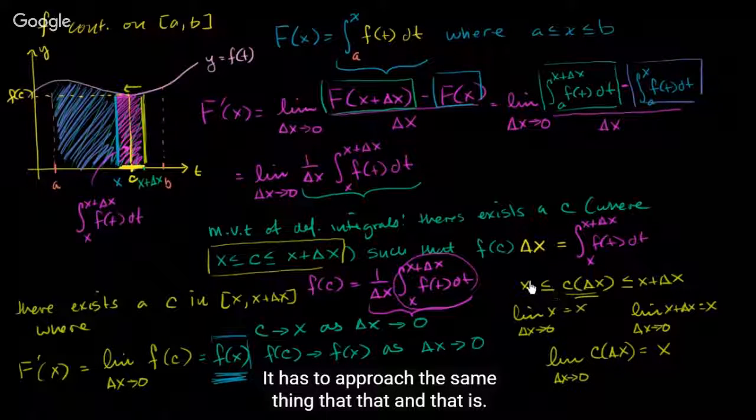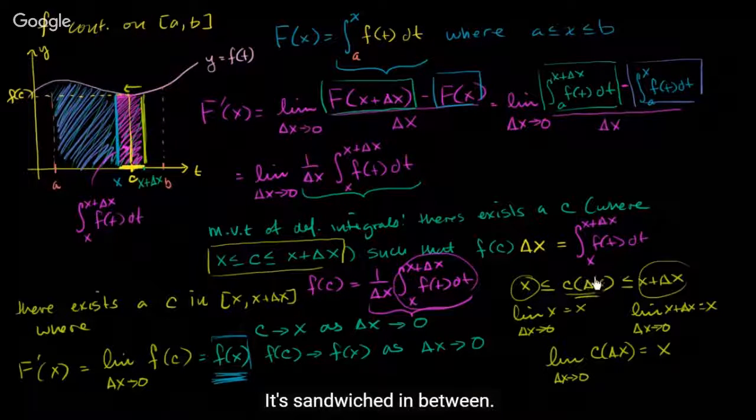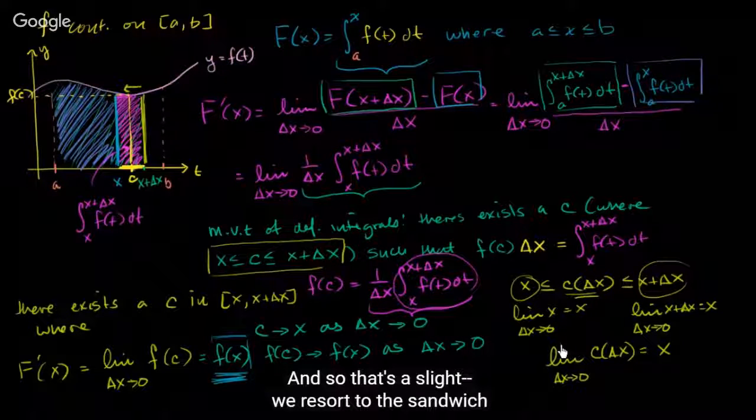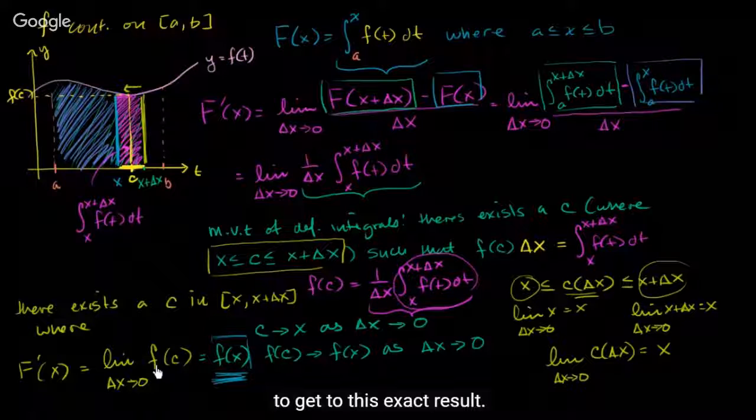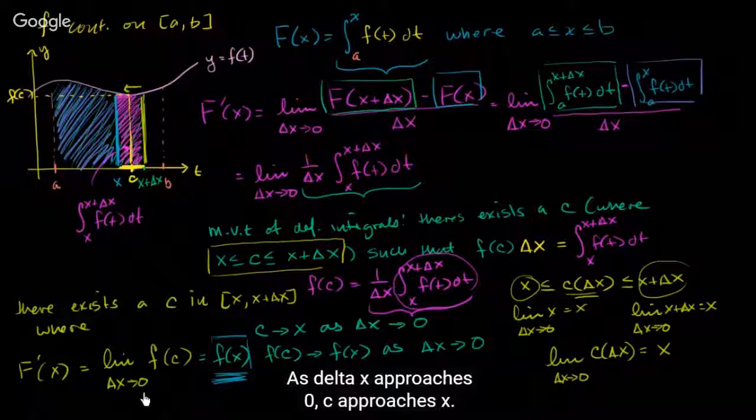It has to approach the same thing that it's sandwiched in between. And so we resort to the sandwich theorem. It's a little bit more rigorous to get to this exact result. As delta x approaches 0, c approaches x.